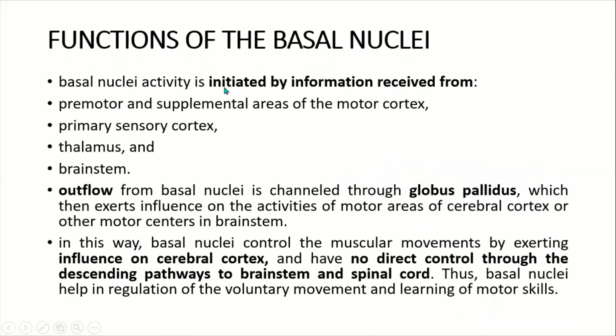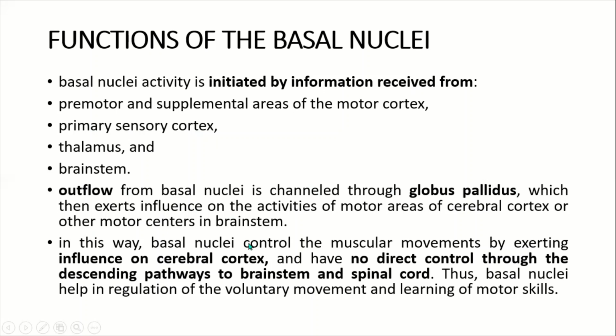Basal nuclei activity is initiated by information received from premotor and supplemental areas of the motor cortex, primary sensory cortex, thalamus, and brainstem. The outflow from the basal nuclei is channeled through the globus pallidus, which then exerts influence on the activities of the motor areas of the cerebral cortex or other motor centers in the brain.